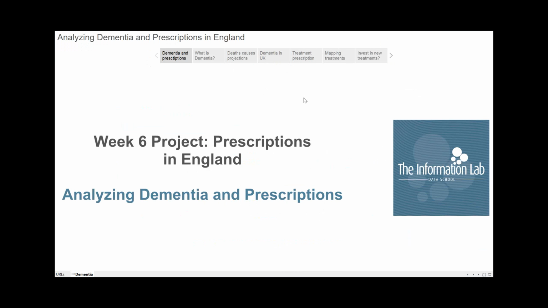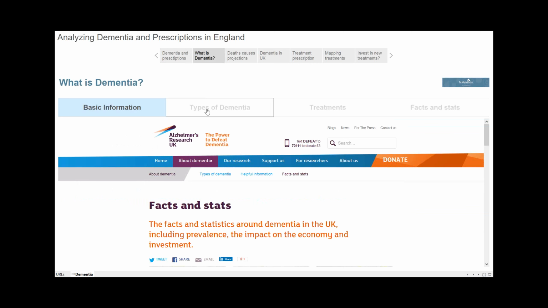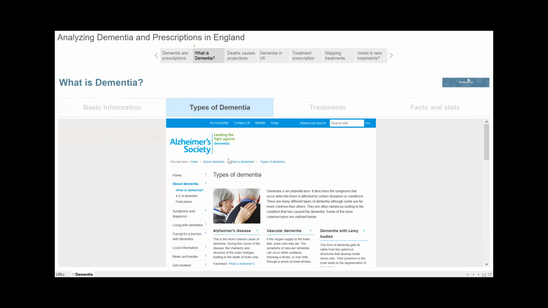So, my subject and the information I focus on this week is analyzing the prescriptions for dementia. The reason I decided this, you will see in the second story point. But first, I include here in the first story point some basic information about dementia with links to Wikipedia and to some specialized societies and organizations.